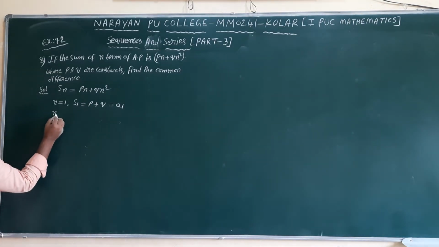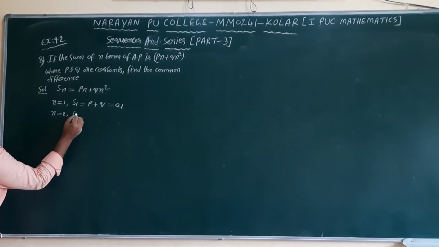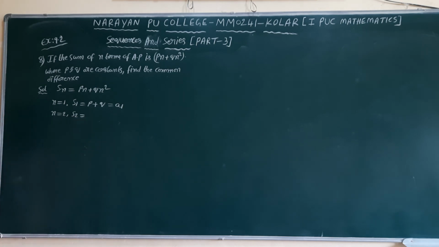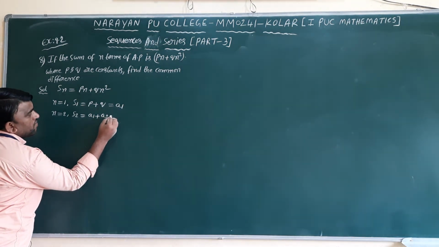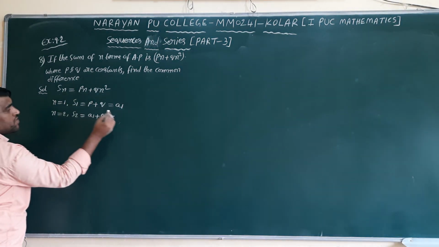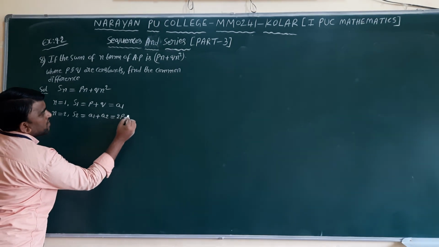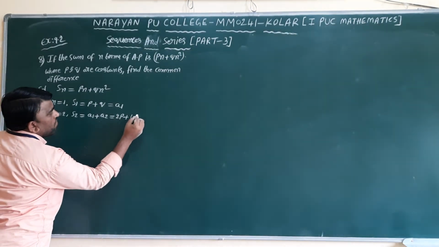Next n value is 2, S2 means sum of first two terms, A1 plus A2, is equal to, wherever n is there, 2 substitute, 2P plus 2 square is 4Q.